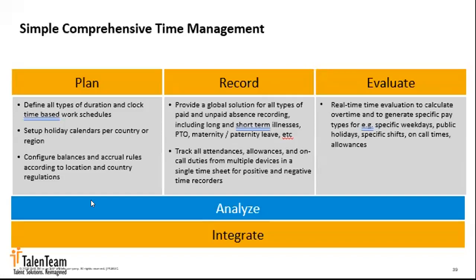So first of all, in order to generate different time types, we need to plan how exactly your time types are to be generated, and how exactly the time is to be generated. And once the time is recorded in the system, the system will automatically evaluate and analyze it and generate the time types.